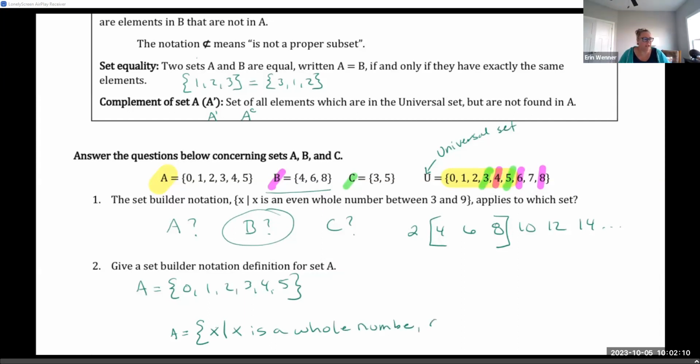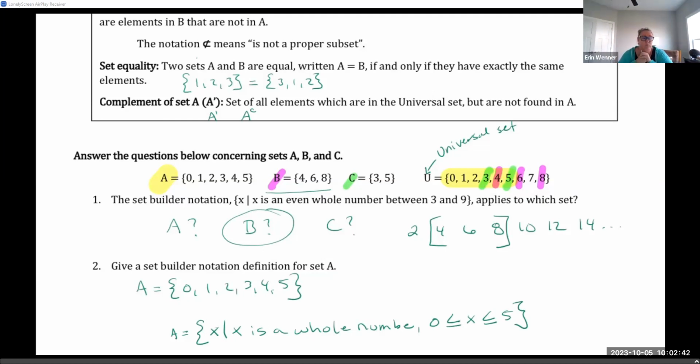And so we're able to say a lot just by using the symbols, okay? So again, we're describing this as whole numbers that go from 0 to 5. So using the notation, we would say that set A is the set of elements X, such that X is a whole number and greater than or equal to 0, but less than or equal to 5. Okay, so that establishes our range of values.